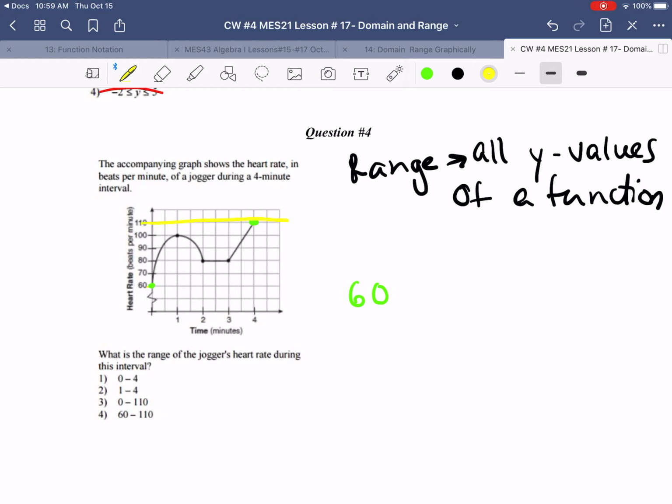It's not written the way that we're teaching you. They're asking us the range. So this is less formal. This is more informal what they're asking. So it's very easy. It goes from 60 to 110. The jogger's heart rate in the 4-minute interval that they're asking, it goes from 60 to 110.